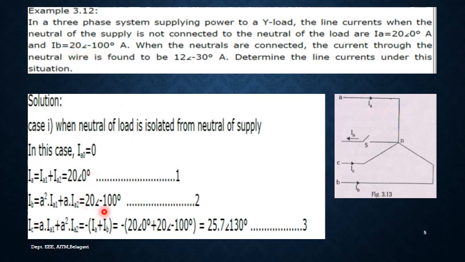As we know, the sum of all these currents will be equal to 0, so Ia plus Ib plus Ic is equal to 0. From that, Ic will be equal to minus of Ia plus Ib. If you add these two values, Ia and Ib, we are going to get the Ic value as this much.